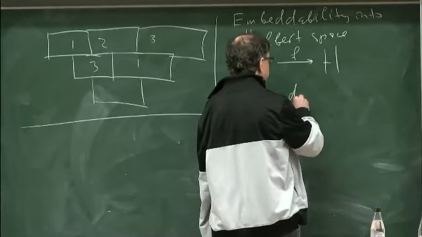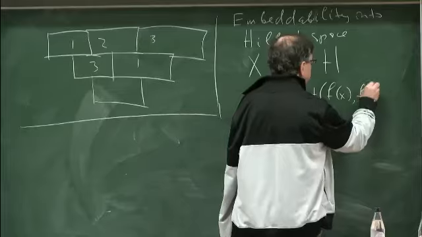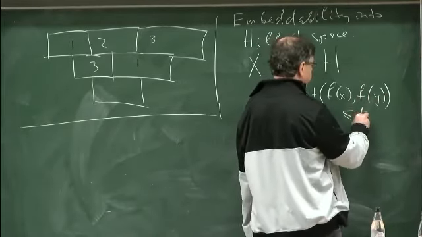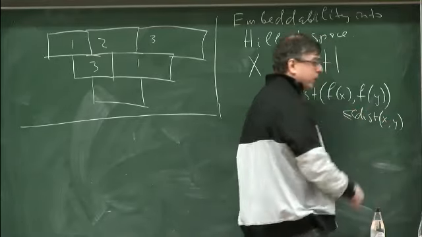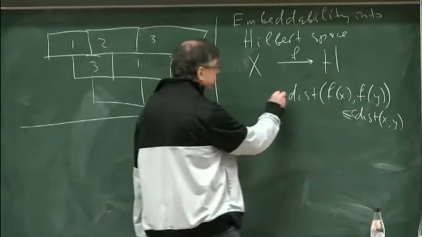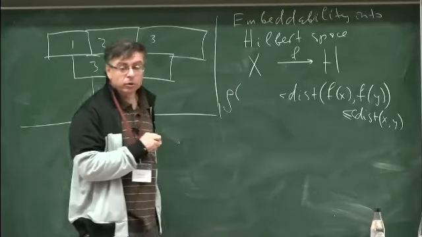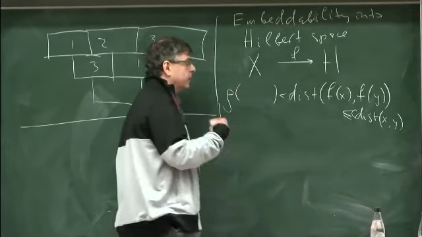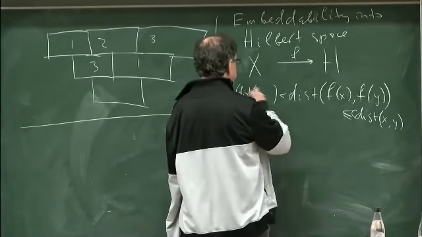So the distance between the images of two points, first of all, you can assume that it is smaller than the distance between x and y times c, so it's like a Lipschitz map, and it is bigger than some function rho, which is called the control of the distortion, a function of the distance between x and y.